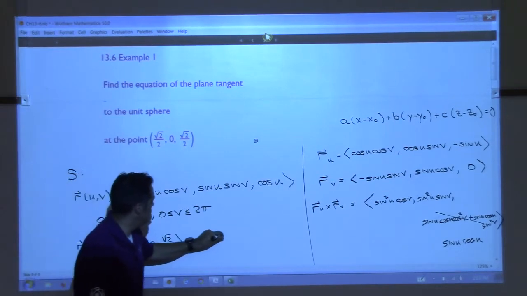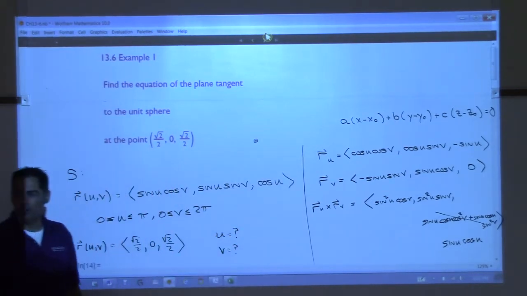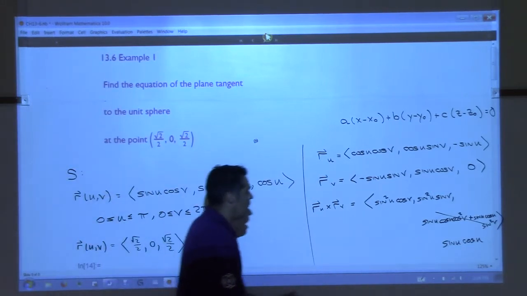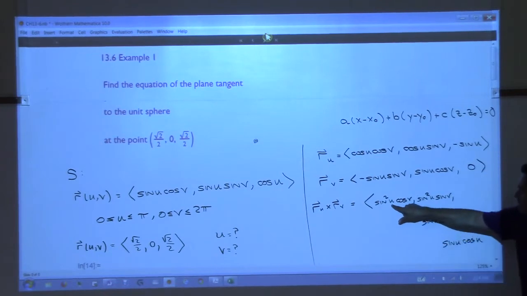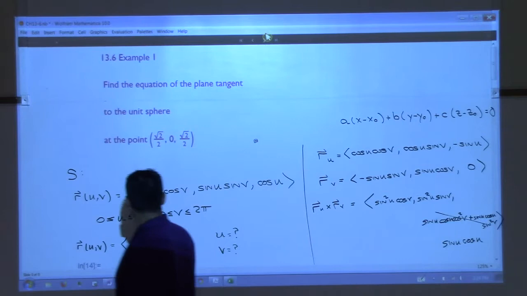So what is u and what is v that get you there? The reason why I need u and v is because I need to figure out what to plug in here for u and v to figure out what this vector is as a vector with numbers in it, right? So can you just tell by looking what u and v have to be?